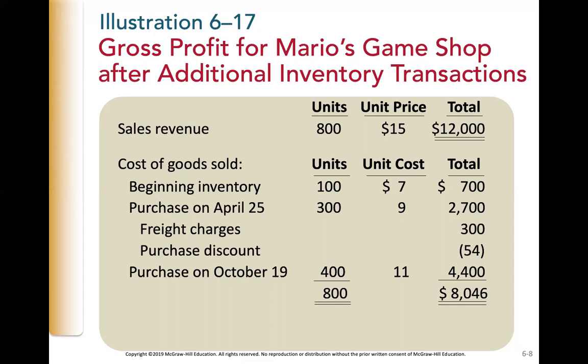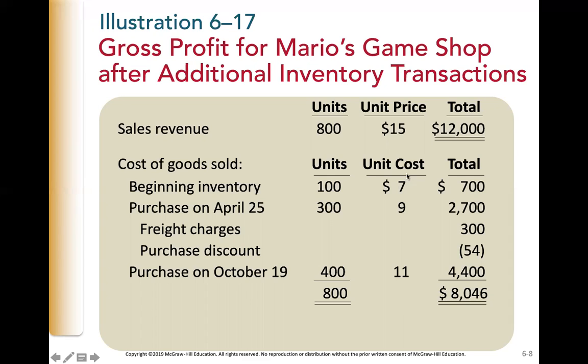Then we said he paid freight charges on that April 25th transaction in the amount of $300. He also took a purchase discount of $54 by paying early within that time period. Lastly, he sold 400 units out of the October 19th purchase when he made the sale on December 15th. So he had a total price there of $4,400.